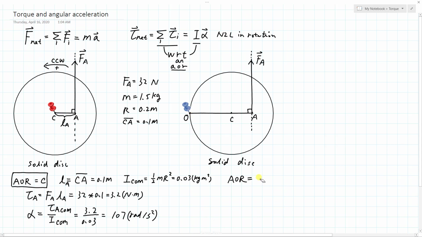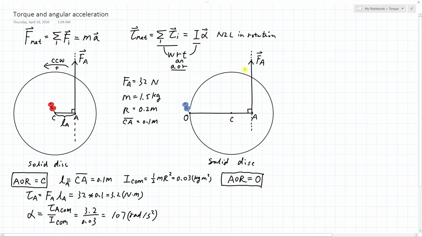So what do we do? We choose the physical axle to be the axis of rotation right here. Once we choose this, whatever the pin is supporting in terms of force has a zero lever arm, so that will be a zero torque. So we only have to consider this force and its torque.